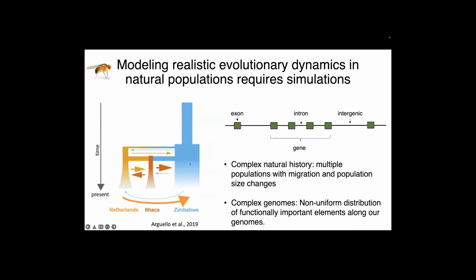The yellow, red, and blue represent different populations. Natural populations can split from each other, occupy different areas, have migration between them, and also undergo individual changes in population size. And so modeling this kind of complexity is quite difficult, actually, using theory alone.